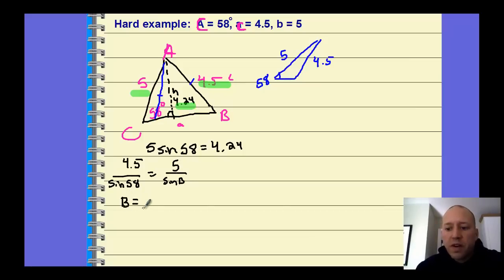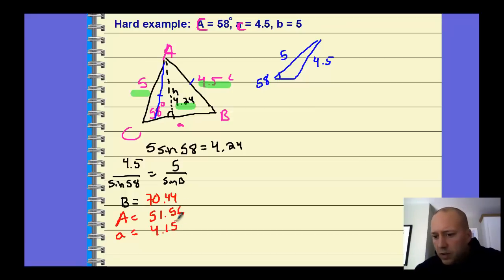You'll find your B value is 70.44 for angle B. Then we can go through and find our angle A and our little a using law of sines. You'll find that A is 51.56 and little a is 4.156, I believe. Those will be the measures using law of sines.